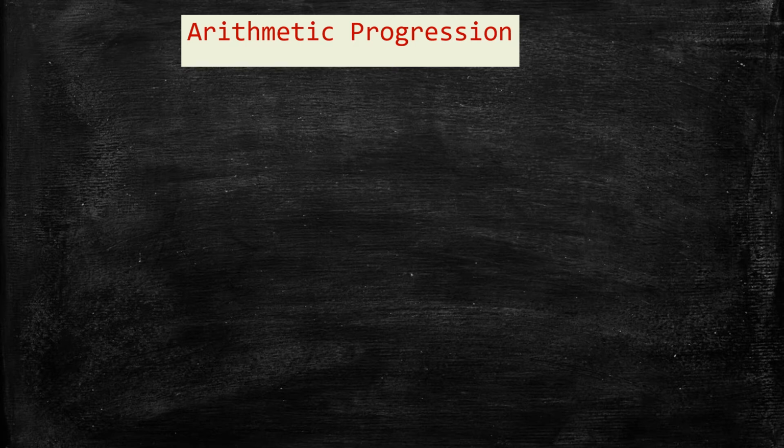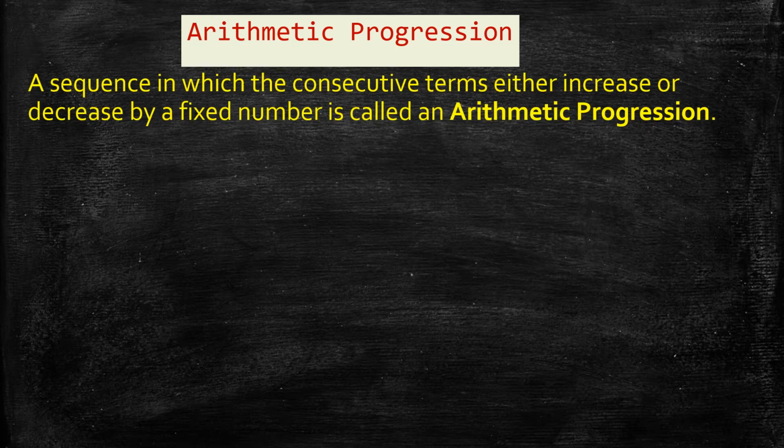In the given examples, we find that the succeeding terms are obtained by adding or subtracting a fixed number to the preceding terms, isn't it? Such a list of numbers is said to form an arithmetic progression, that is, a sequence in which the consecutive terms either increase or decrease by a fixed number is called an arithmetic progression.